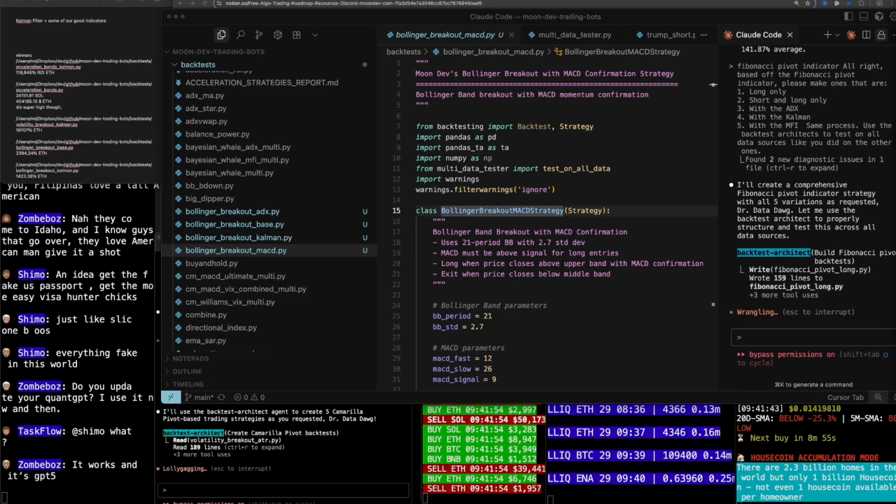Damn, it works with GPT-5. Damn, dude, that's actually dope that it just updates over time. That's really cool. Because, yeah, it has the original things I put into it.